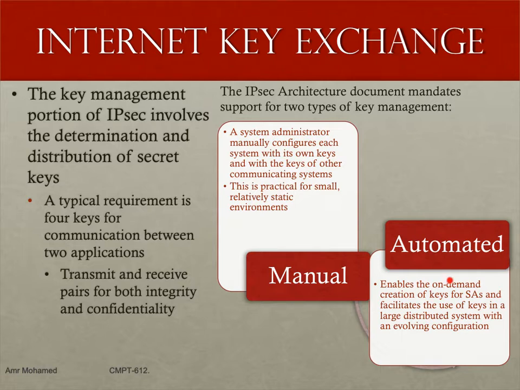It's fixed. Okay? Whereas the automated way is more practical, more scalable, and it can work for large scale networks where you have a dynamic network and the possibility of changes in the network is high. Okay?